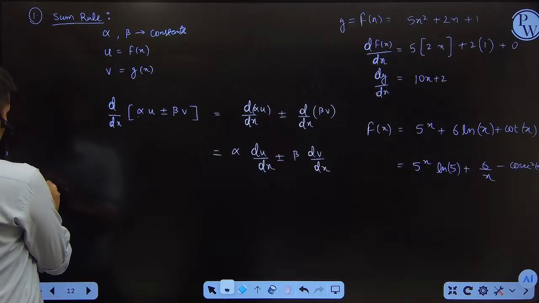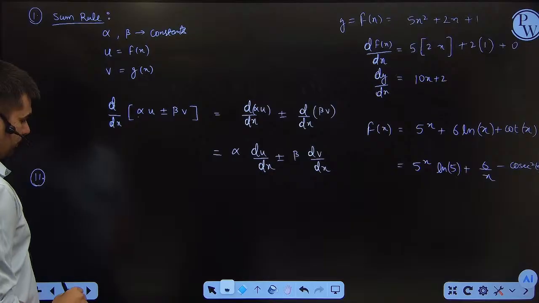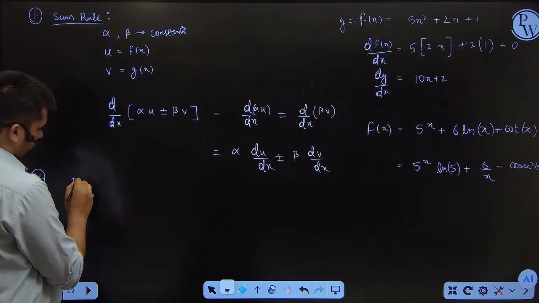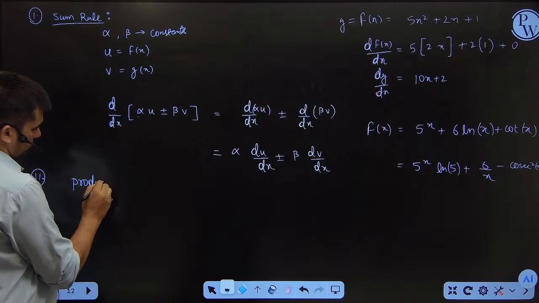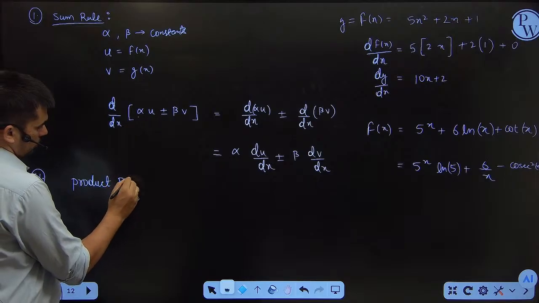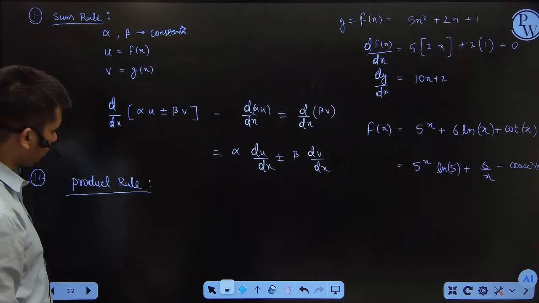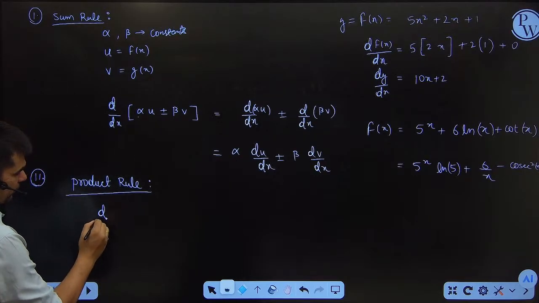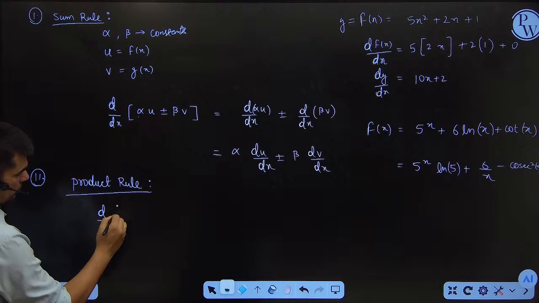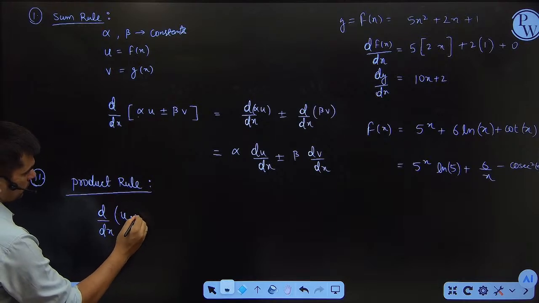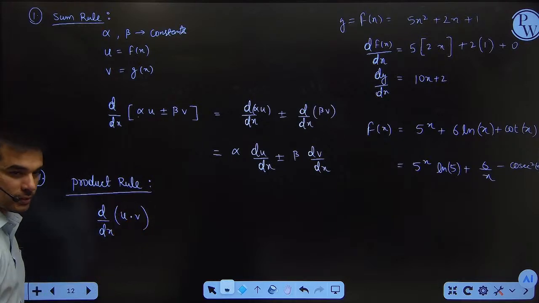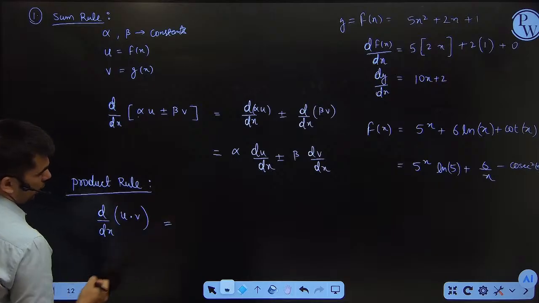The second one is, write down, product rule. Same assumption I'm going to take. Now derivative of, let's say, product of two functions. So how do we define this?